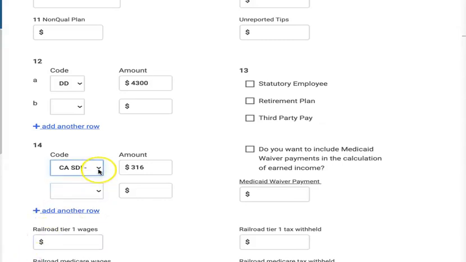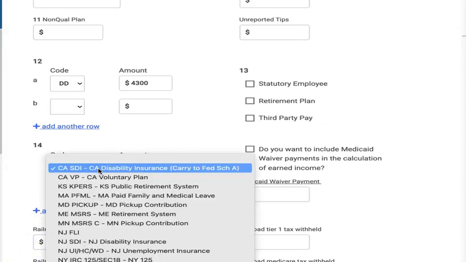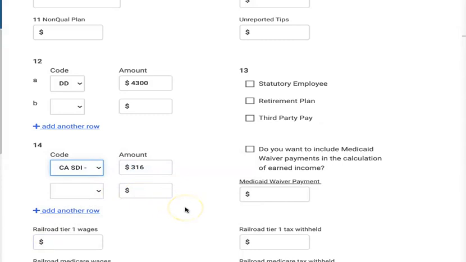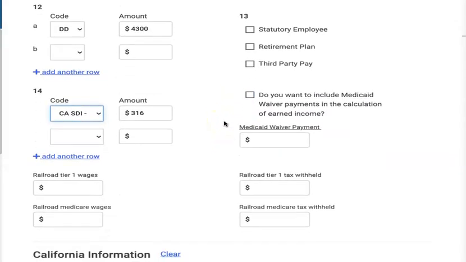In fact, the first entry in the pre-populated pull-down entries is the California SDI, so you put that there regardless of where it appears on the paper form. CASDI is potentially useful as a medical expense, although in this particular case, the taxpayer is not itemizing, so this information doesn't impact the tax return at all.